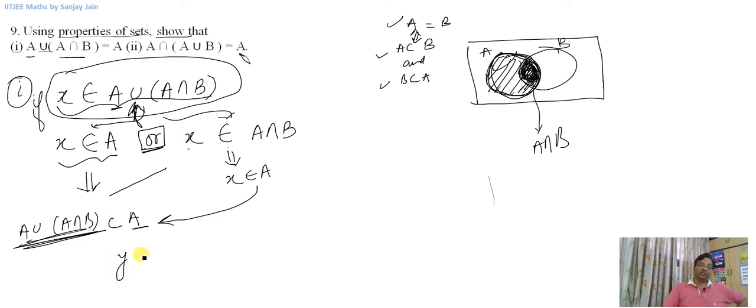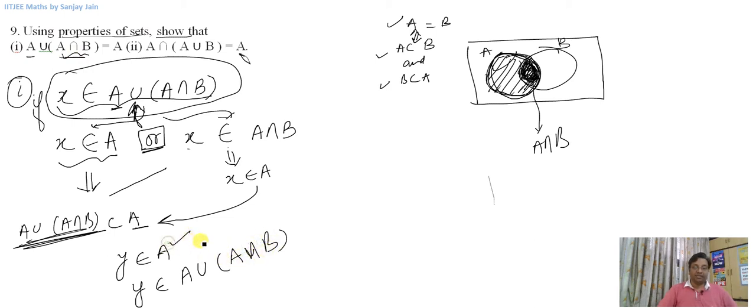So let us consider there is an element Y which belongs to set A. I am not writing everything here for you to write exactly like that, so you can write it in your own language. I hope you have come here to understand these questions and not to copy. So if Y belongs to set A, then Y will definitely belong to A union some other set, and that other set can be A intersection B also.